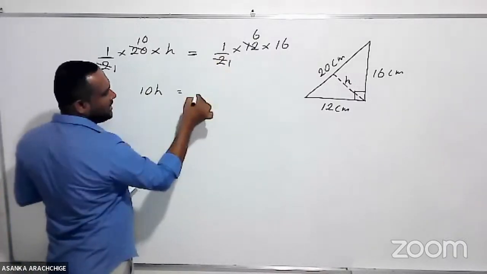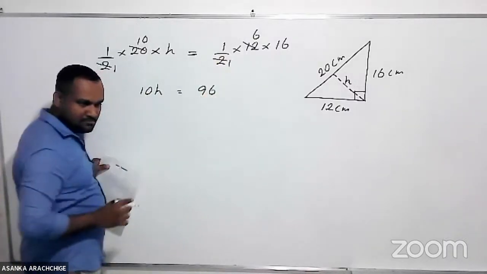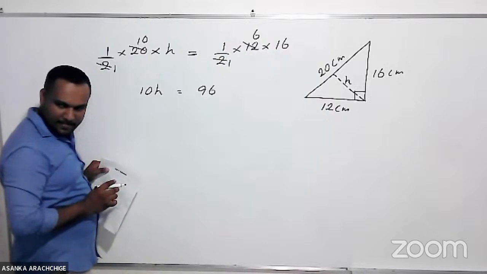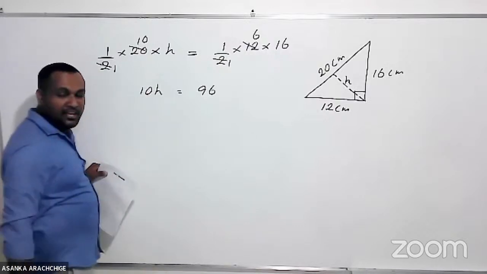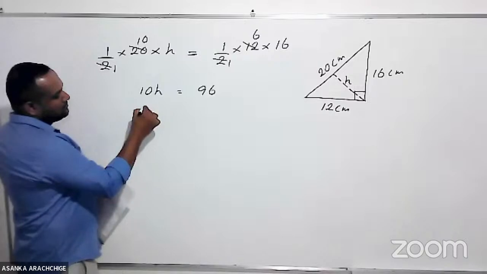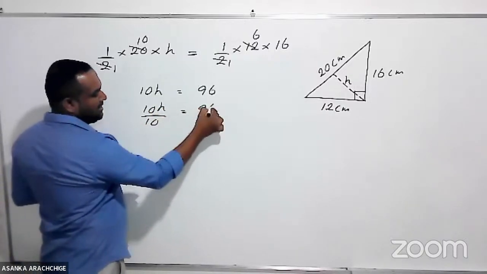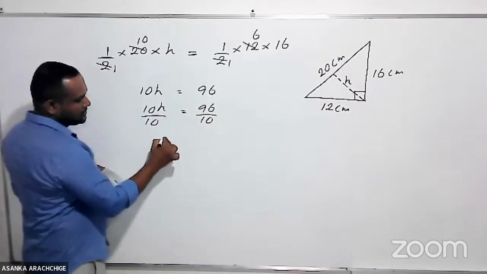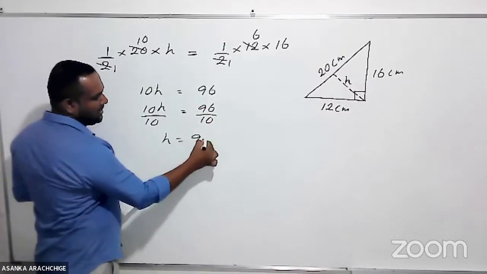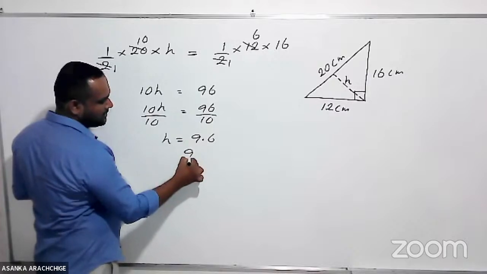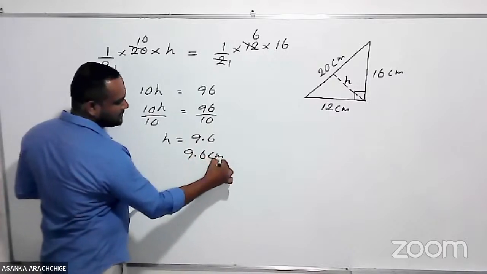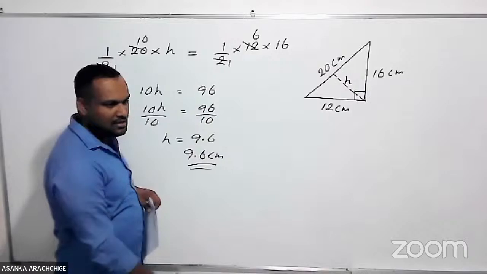Then 6 times 16 is 96. Clear? Then how to find h? Divide 10h by 10 and 96 as well. So h is equal to 9.6. Answer 9.6 centimeters. Got it?